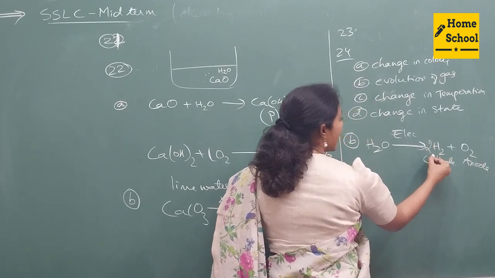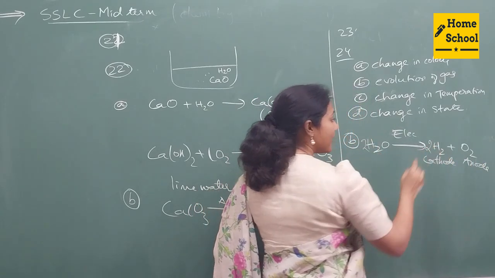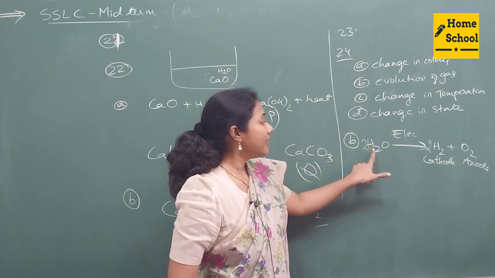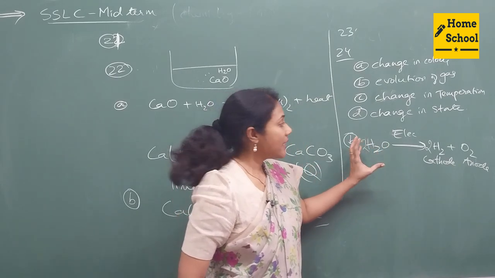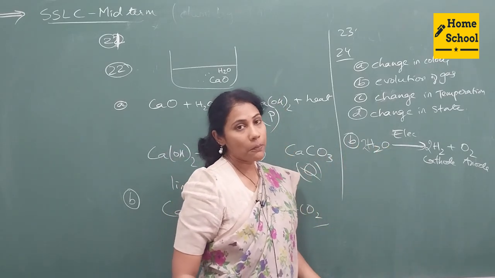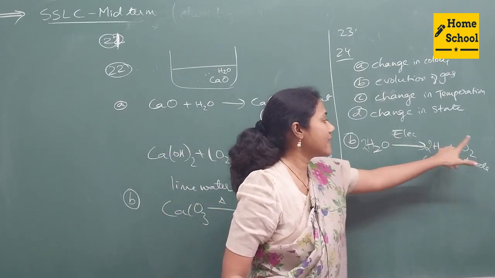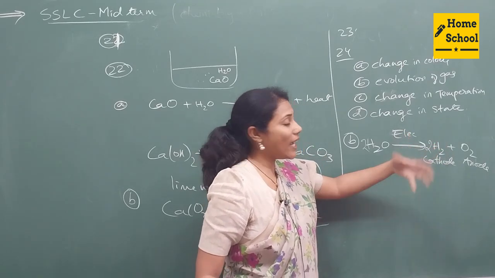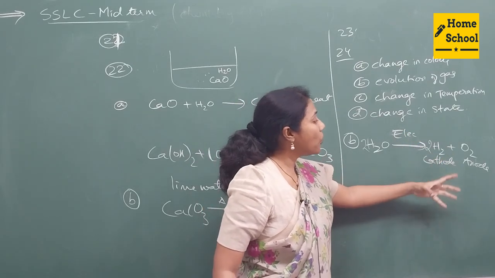And the hydrogen gas formed is 2 times greater than the oxygen gas formed, because in water the ratio is 2:1. Many times I keep telling that this concept is very, very important. They might ask you the gases formed, or why the amount of hydrogen formed is greater.